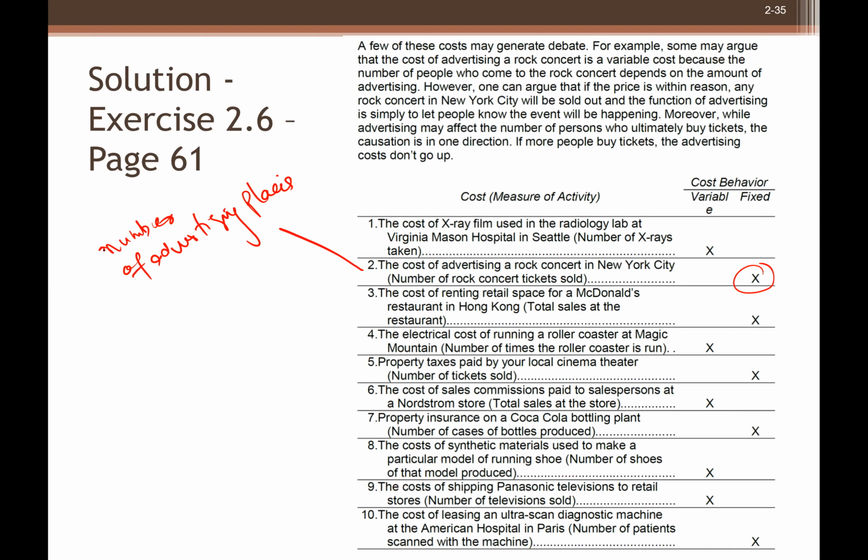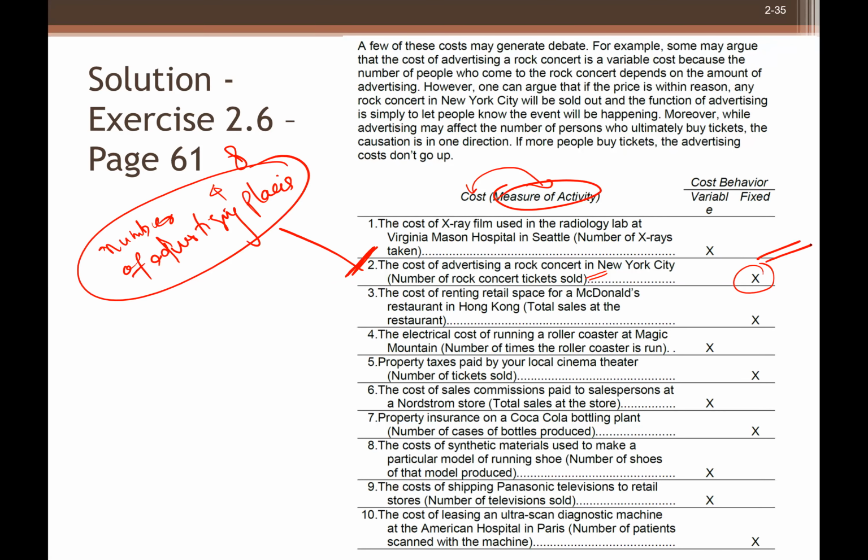It means the cost has an integral relationship with the cost measure. The cost of advertising a rock concert in New York City, and the activity is the number of places. If you choose 4 places, the cost will be lower. If you choose 8 places, the cost will be higher, right? Since the activity measure is the number of tickets sold, on that basis the behavior of the cost becomes fixed, right?